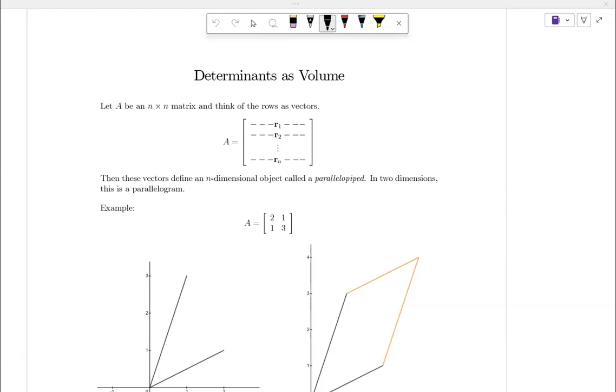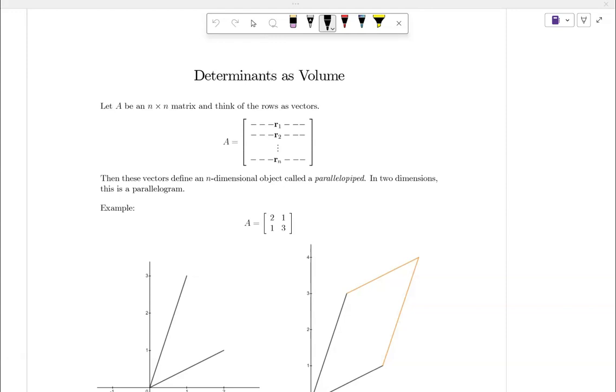Okay. So here's a parallelepiped in 2 dimensions, or a parallelogram that you're used to. So here's the A matrix 2, 1, 1, 3. So we're treating the 2, 1 row as a vector 2, 1. So again, we can plot the point at 2, 1. I'll do it in this left one first. Plot the point at 2, 1. Draw the segment out. That's a vector, the vector 2, 1.